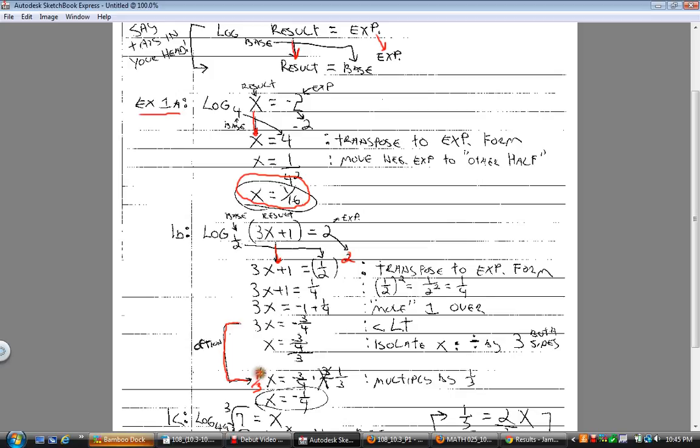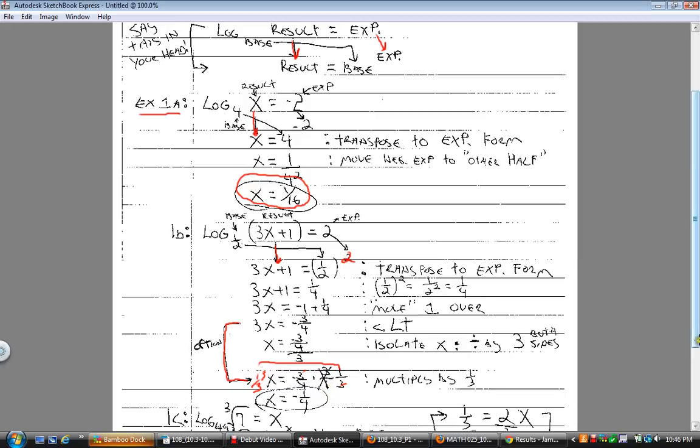So 1/3 times 3 produces equality over here, and I take the -3/4 times 1/3, maintaining balance on the equation, and I get an answer of -1/4. Don't forget 3 in the numerator and 3 in the denominator are equivalent to 1.